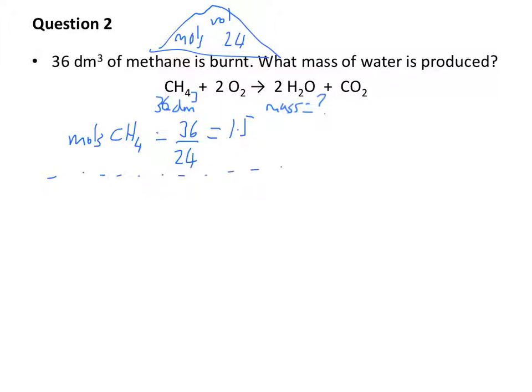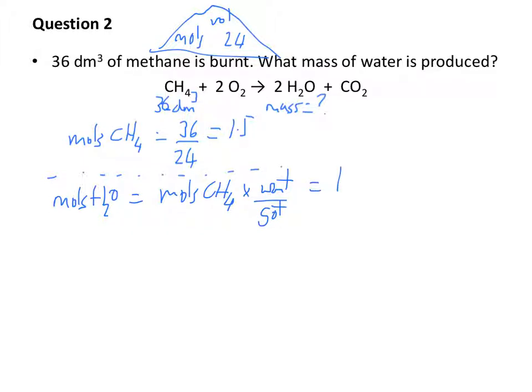End of stage 1. Right, so this is the moles of the substance we got, this is the substance we want. So moles of water. You may have noticed I'm doing this a little bit quicker because I'm running out of time on the video. So moles of water equals moles of methane times want over got.